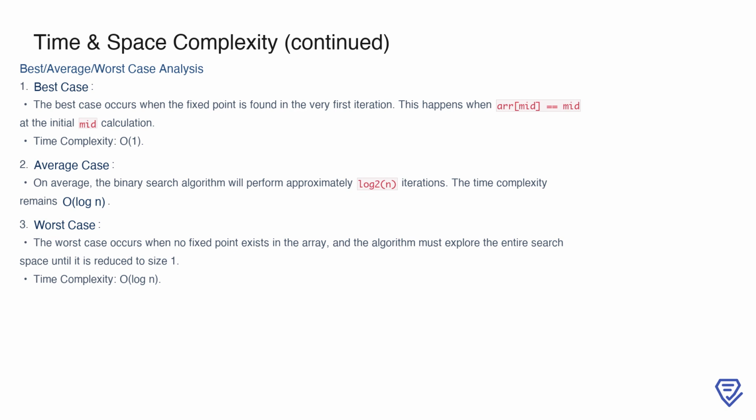Therefore, the average case time complexity is O(log n). In the worst case, there is no fixed point in the array, and the algorithm must exhaustively eliminate all possible search spaces, again requiring log2(n) iterations. Thus, even in the worst case, the time complexity remains O(log n).